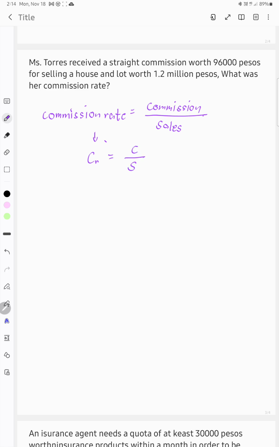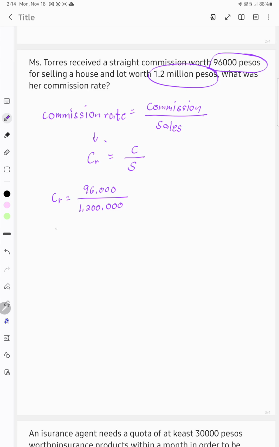Now, in analyzing our problem, our commission is 96,000 pesos and we have 1.2 million pesos in sales. So we have 96,000 divided by 1,200,000.